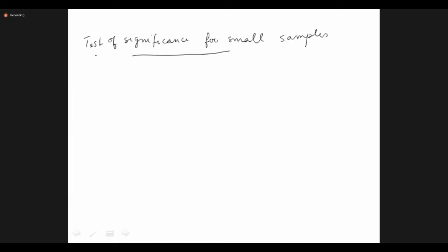Here we are going to see the t-distribution, also known as Student's t-test.